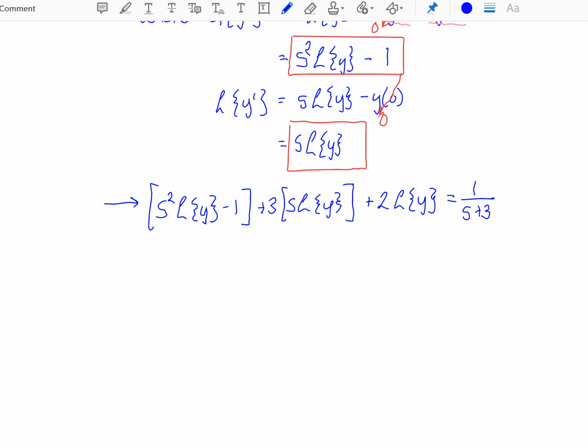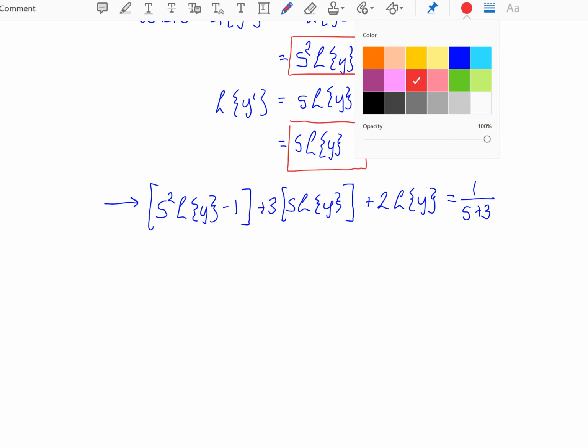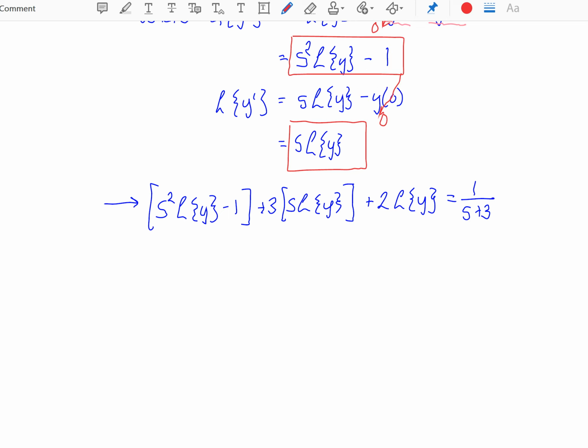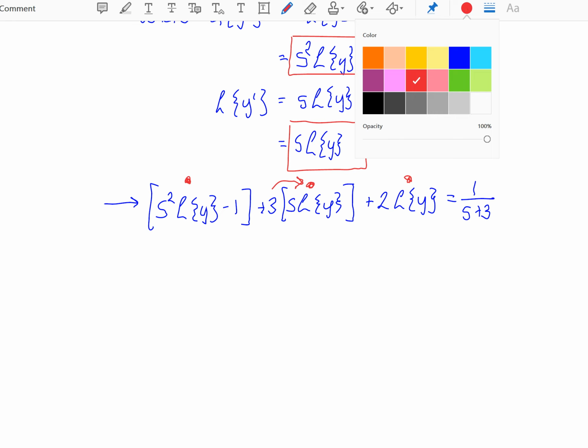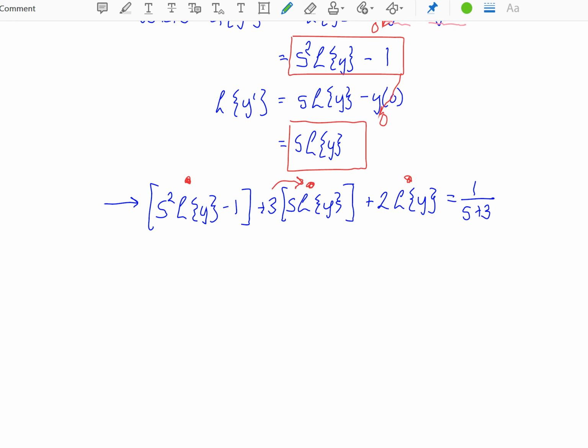Now, what I would like to do is isolate all of the terms involving Laplace of y on the left side of our equation, which is this term, don't forget to include the factor of 3, and this term. The terms that don't have the Laplace of y will move to the right-hand side of our equation.